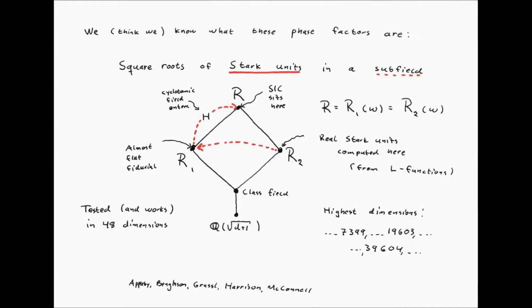So here's again a field inclusion diagram. This field is a subfield of this, is a subfield of this, is a subfield of this. So we start with a real quadratic field that we get from the particular dimension we're in. Then we go to something which is called the class field, which is a complication I'm going to slur over. And that is a subfield actually of two small ray class fields.